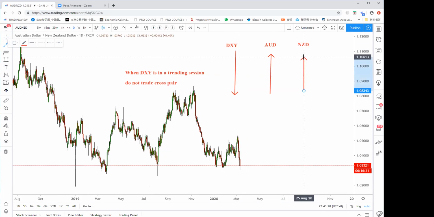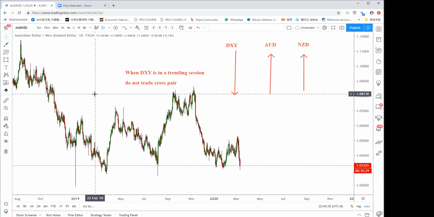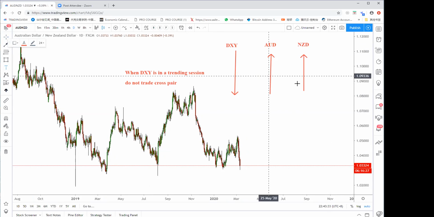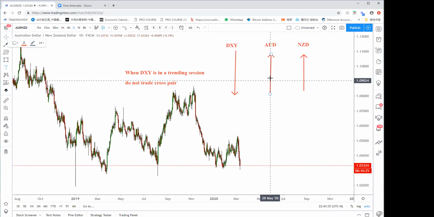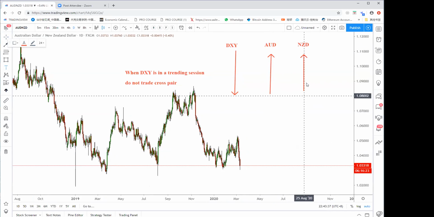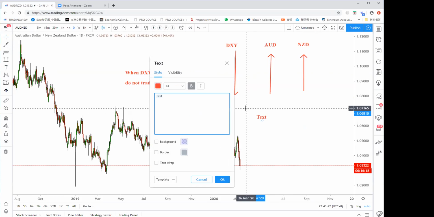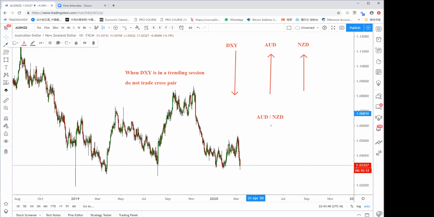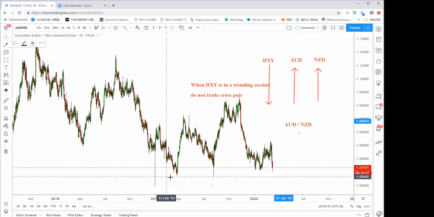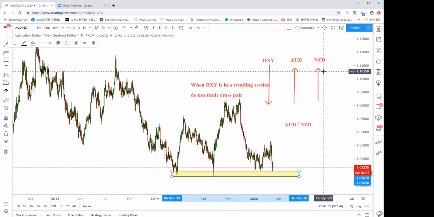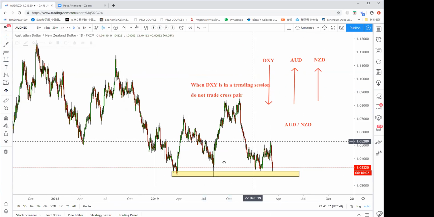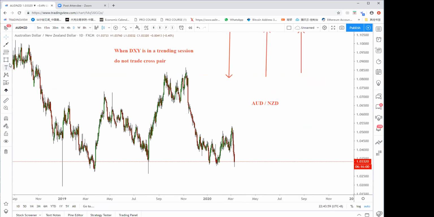But if you're trading Aussie versus Kiwi, what will happen? What is the answer for a pair that keeps going up versus another pair that is going up? You are actually canceling each other. When you trade Aussie Kiwi, for example, if you want to buy, because I believe that when Aussie Kiwi is about 1.03, from the value investing point you want to buy because you want to aim for the rally. Let's say you want to buy Aussie Kiwi.